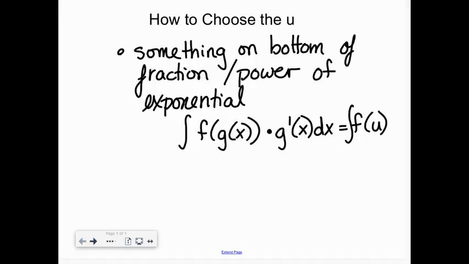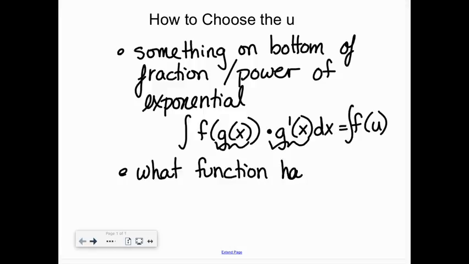So whatever g is also going to have its derivative. When you're looking at the integral, look to see what function also has its derivative in the integral. That can also help you.